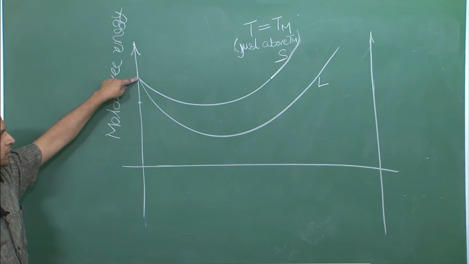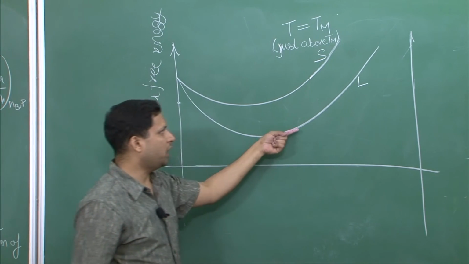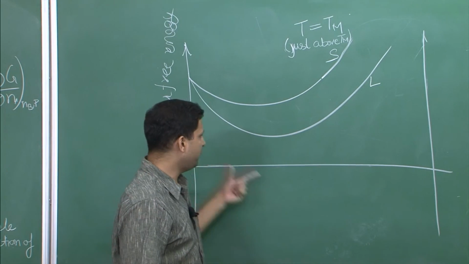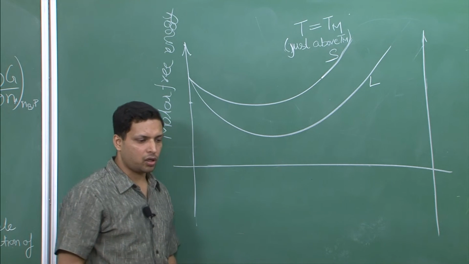So for the sake of simplicity, let us assume that we are just above Tm, which means that there is only liquid and there is no solid. So there will be no intersection of solid and liquid when we draw this free energy diagram, and you will get only liquid for all compositions.